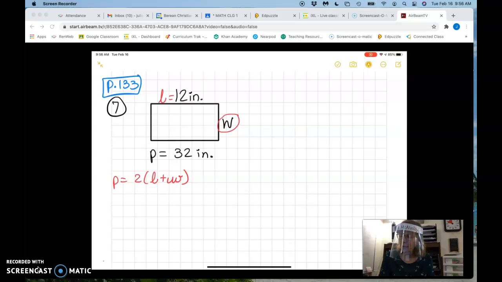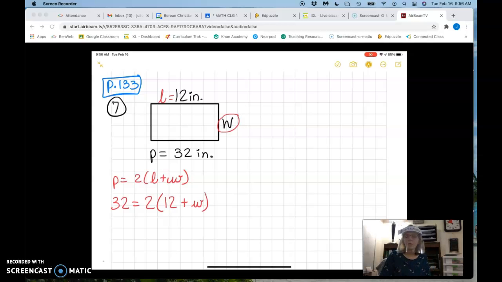Okay, so I'm going to plug everything in that I know, and then we're going to solve and find what's missing. So the P is how much? 32. The L is how much? Yeah, 12. And then plus the W, because we don't know what W is.